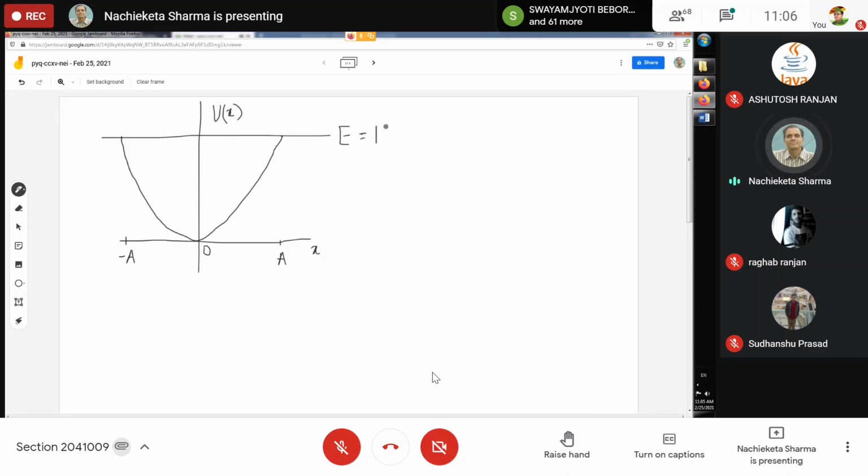This is E equals k plus u, and k is 0 here. So this actually gives you the value of k, the difference. Look at this graph: this is the kinetic energy at the mean position, and gradually the kinetic energy decreases.